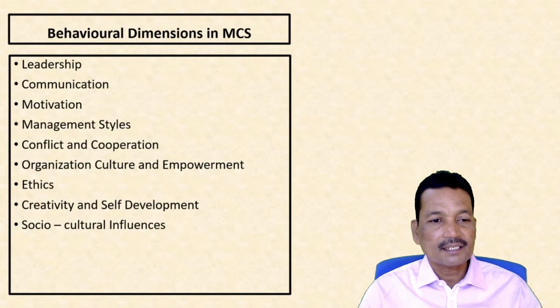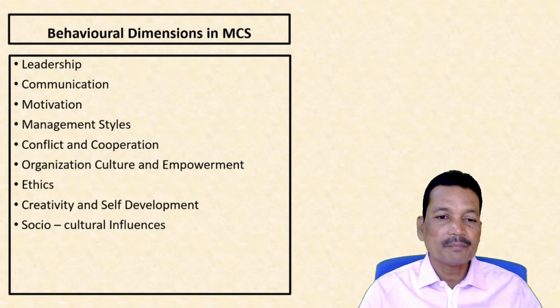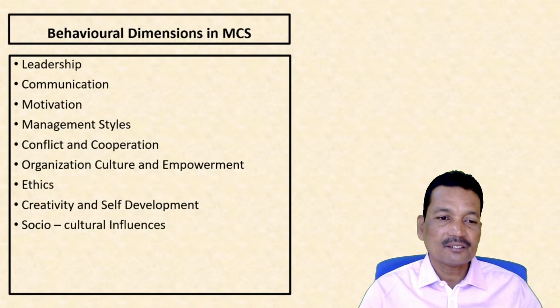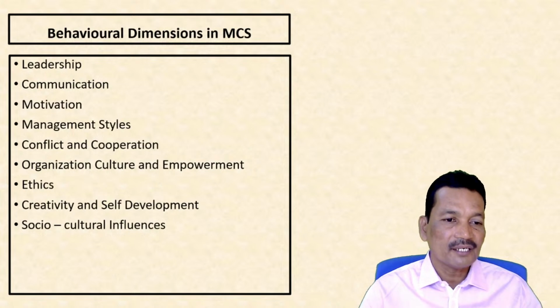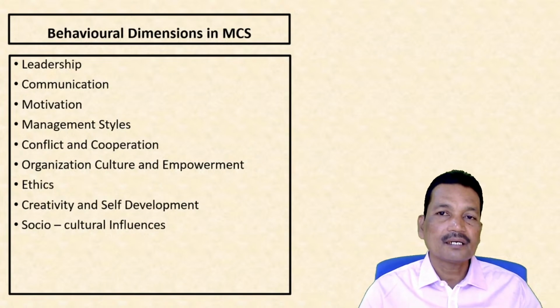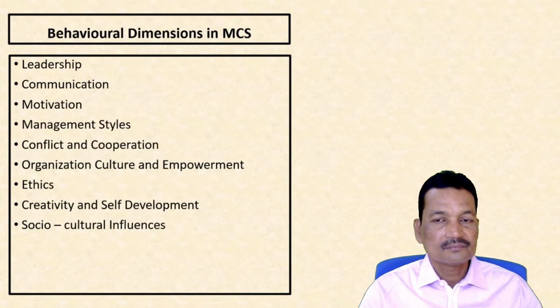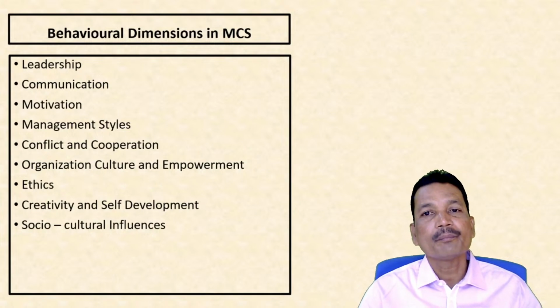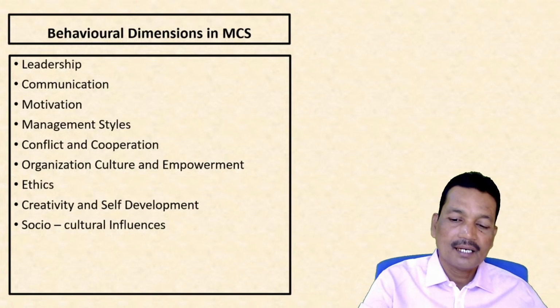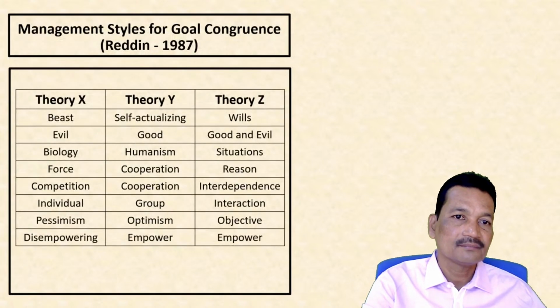Now, if employees are allowed creativity and self-development, definitely that will be shown in the management control system. We know that in an organization, workers from various societies and various cultural backgrounds come together. So we have to make them congruent so that we can have a proper MCS.